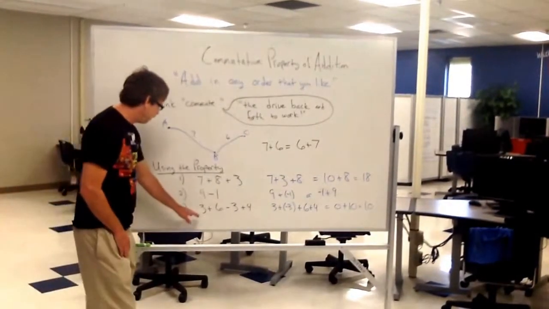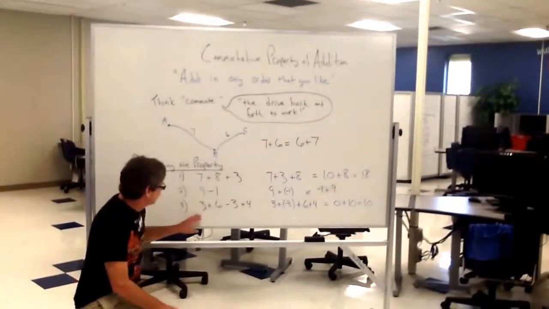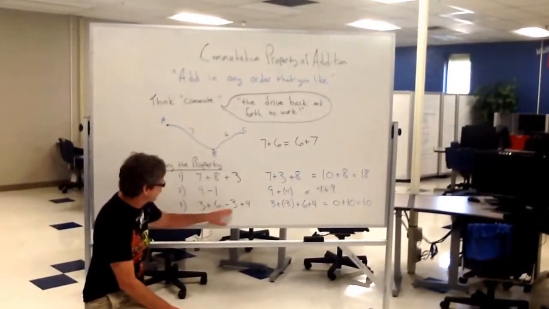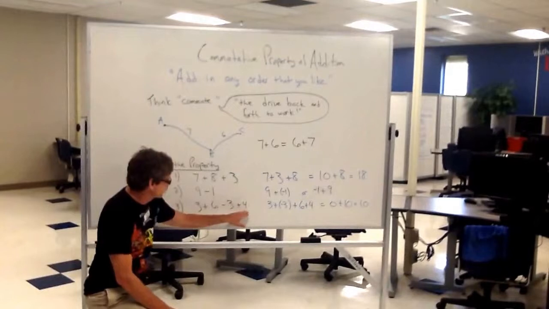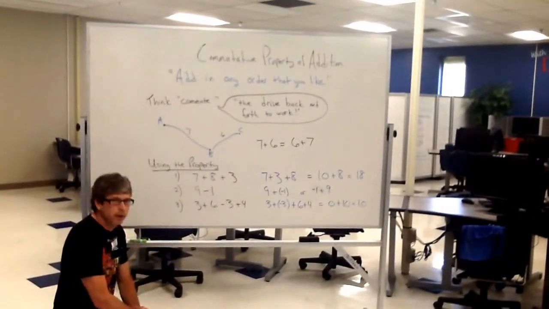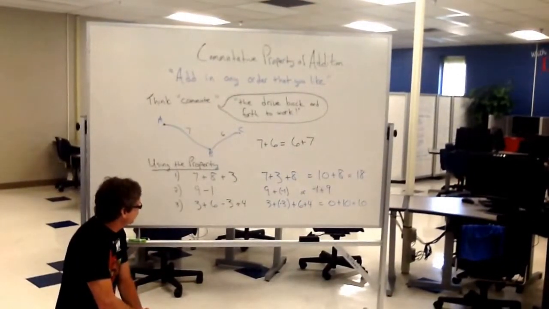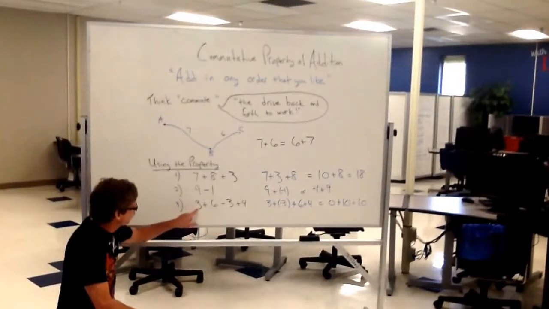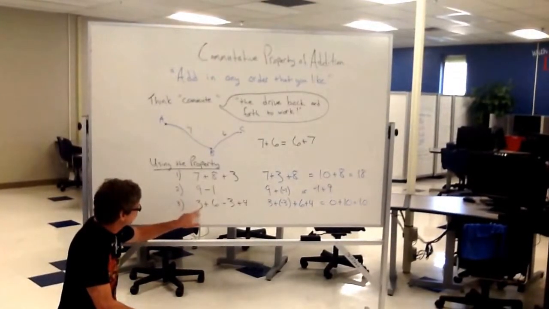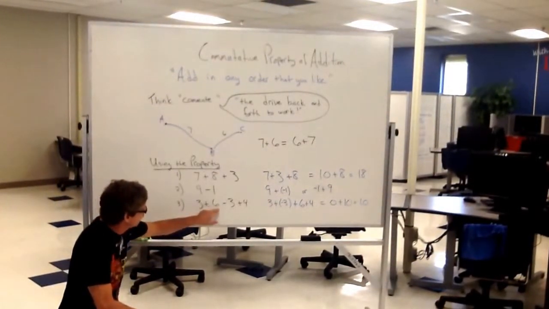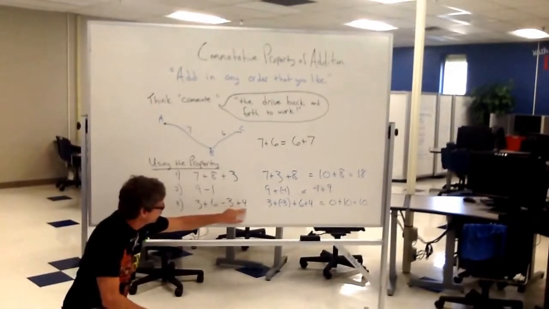On this final example, we have 3 plus 6 minus 3 plus 4. Again, if you're thinking in terms of algebra, a really important way to see this is as 4 different pieces. You should see this as a 3 and a 6 and a negative 3 and a 4.